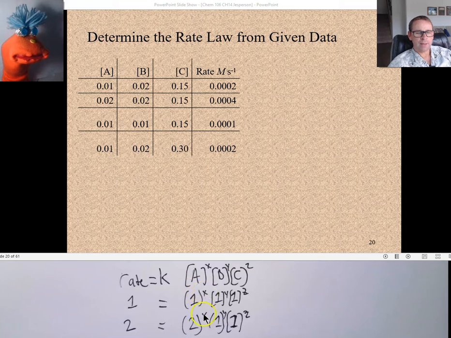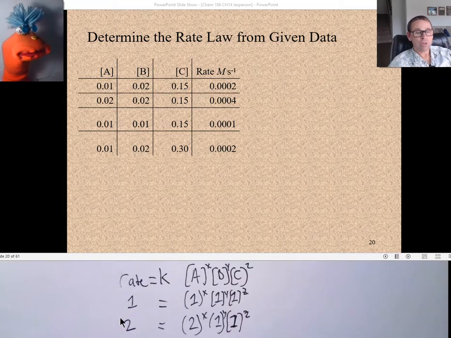So we can identify what the exponent on A is here. You said 0. If it was 0, then the rate would not change. If it was 2, 1 to the 2 would be equal to 1, and 2 to the 2 would equal 4. Oh, so it's just 1.